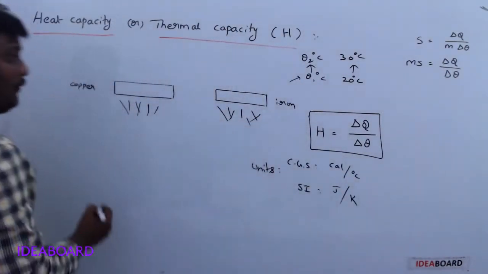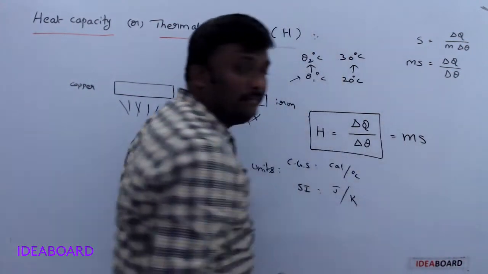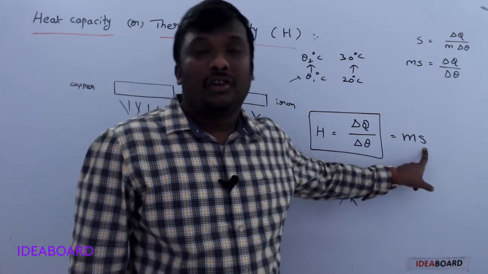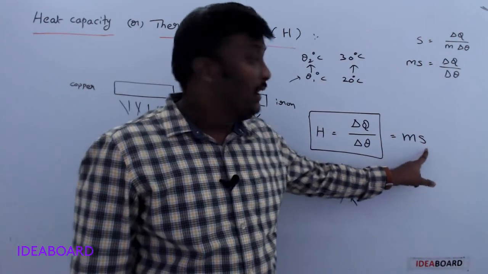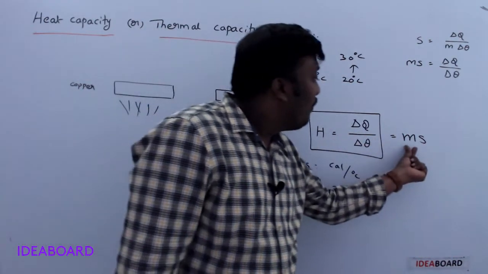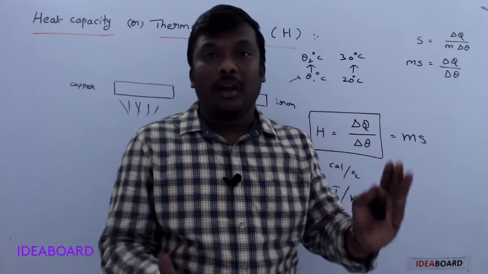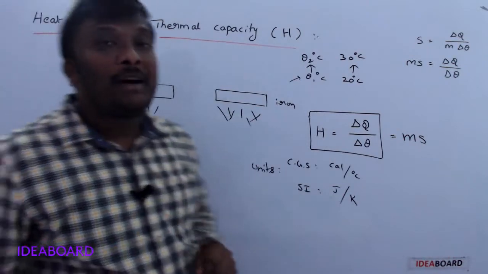So we have another formula for H. What is the formula for H now? H is equal to m s. Okay. Yes. s depends on the nature of the substance and temperature of substance. Okay. But H depends on the mass of the substance also. So if you take more mass, then more thermal capacity is required.